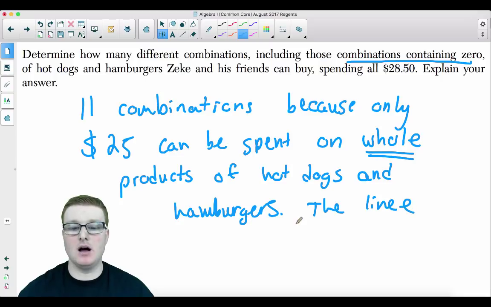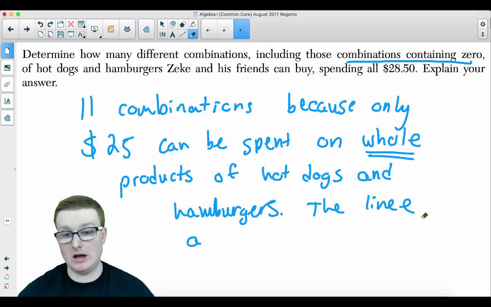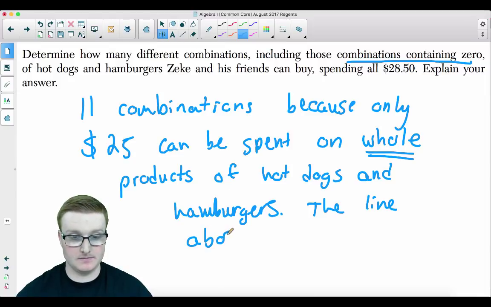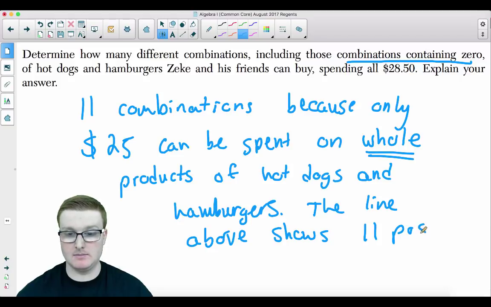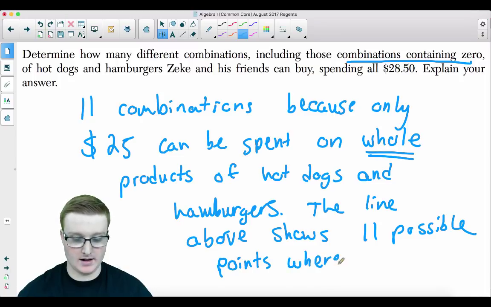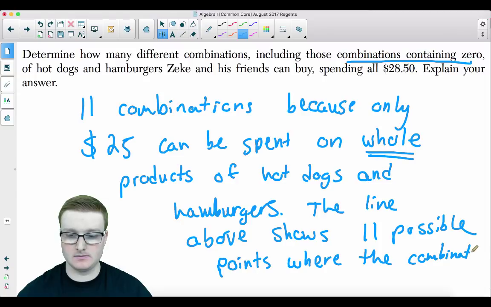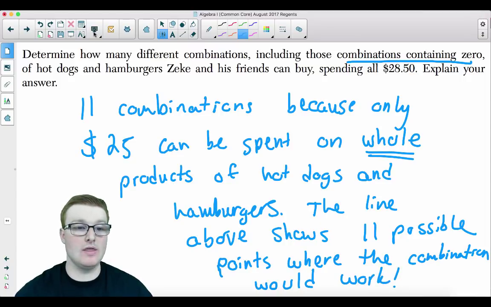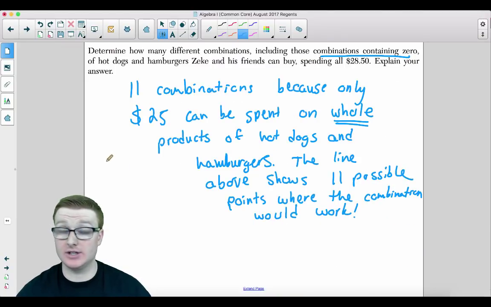The line above, on your readings it's the previous slide, shows 11 possible points where the combination would work. And that is how you do that final question.